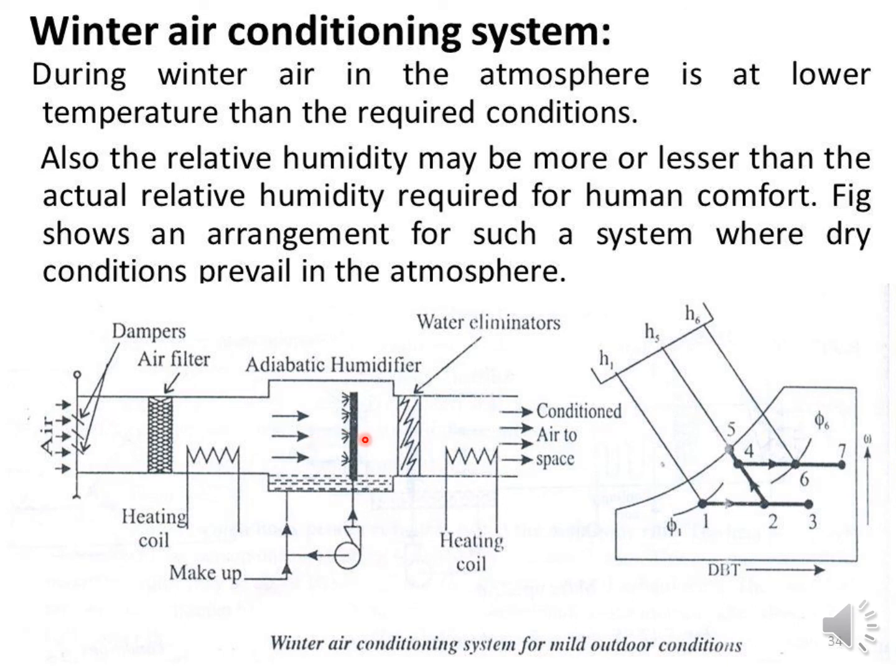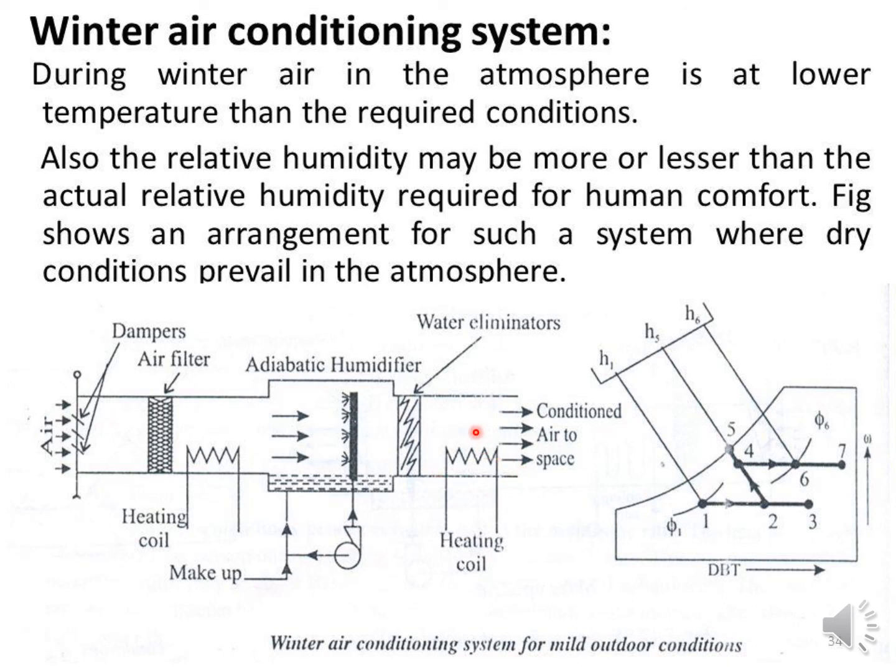So adding humidity, how? Again water particles are sprayed in the path of the air stream. So the air will carry some amount of water, and a water eliminator will be there. So large particles of water are eliminated, and only the vapor is carried through, and then there is a heating coil. Why again a heating coil? It will be used whenever we require, right?